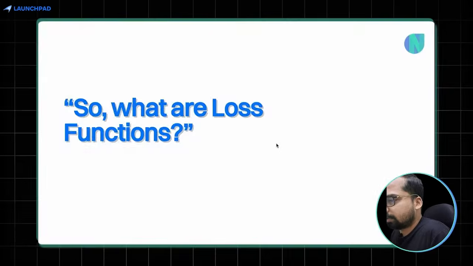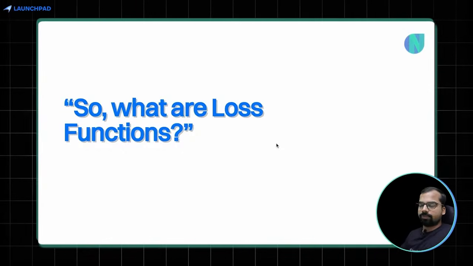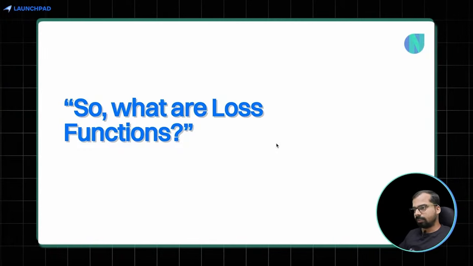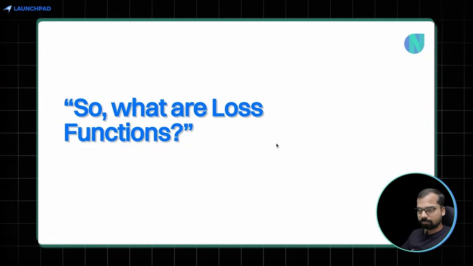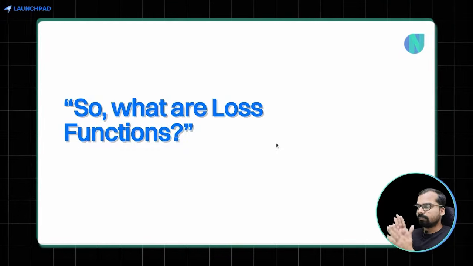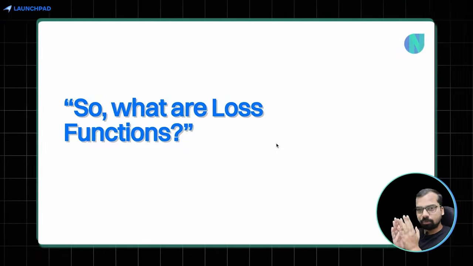So what are loss functions? Think of loss functions as a way to guide our model. If the actual value, the real value, and the predicted value are very close to each other, the value of that loss function should be low.